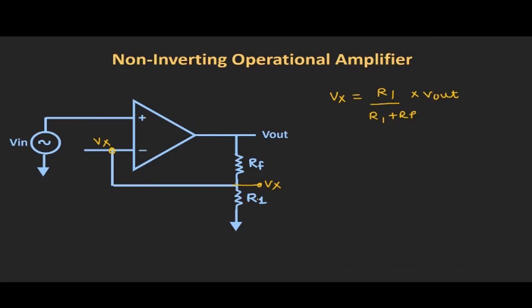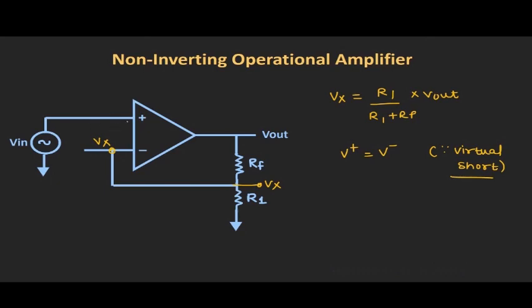Now in the last video we had seen that whenever we are using this OpAmp in a negative feedback configuration, then there will be a virtual short between both the input terminals of this OpAmp. It means that whatever voltage appears at one input terminal, the same voltage will appear at the other input terminal. It means that V plus is equal to V minus, and that is because of this virtual short between the non-inverting and the inverting input terminal.